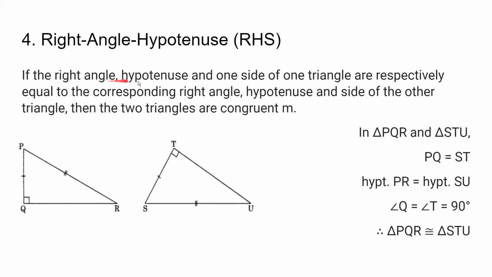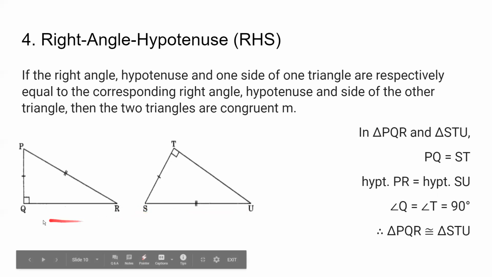If the right angle and the hypotenuse and one side of one triangle are respectively equal to the corresponding right angle, hypotenuse and side of the other triangle, then the two triangles are congruent. The short form of hypotenuse is hypt. So the hypotenuse of PR is equal to the hypotenuse of the other triangle, and line segment QR.